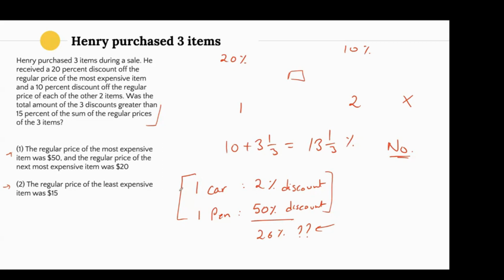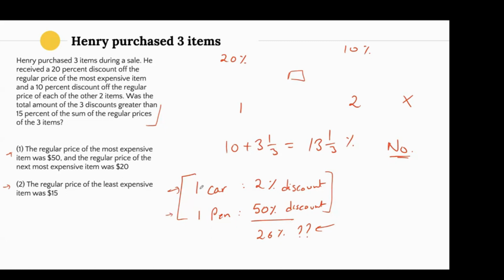So essentially, I think we would have to know the car's and the pen's actual amounts to derive the cumulative percentage. Right. The price of the car and the price of the pen. Yes, that's what would help me figure out the discount percentage.